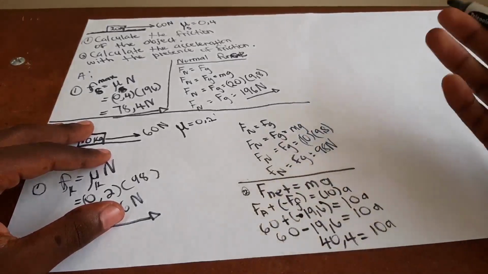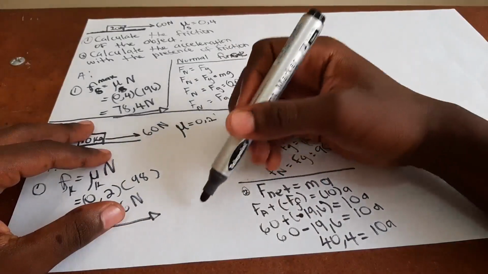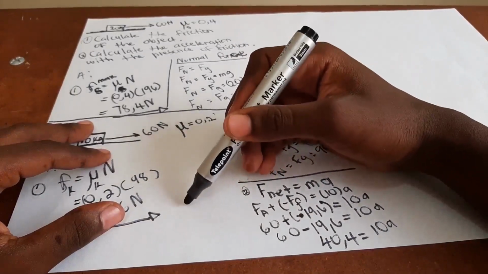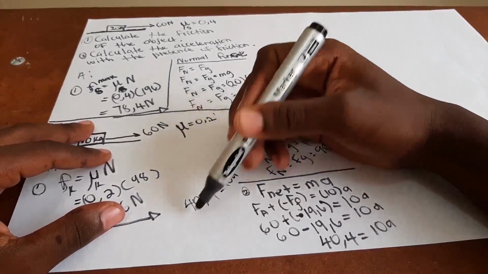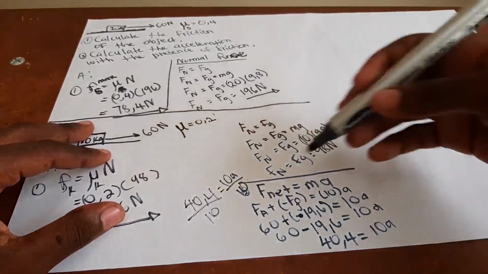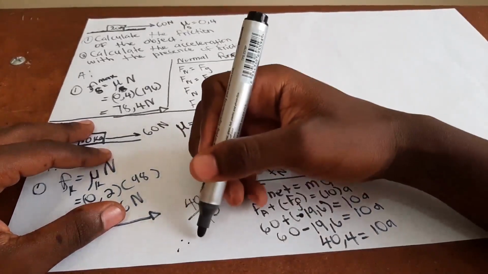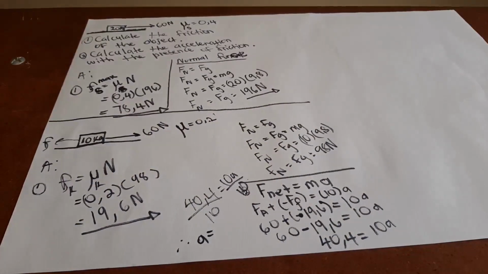So now let's divide by 10. Therefore our acceleration is equal to 40,4 divided by 10.